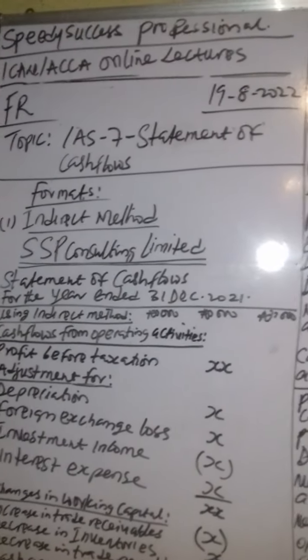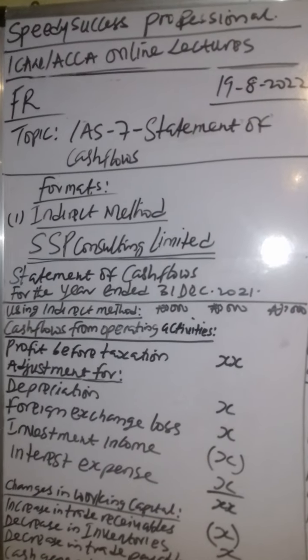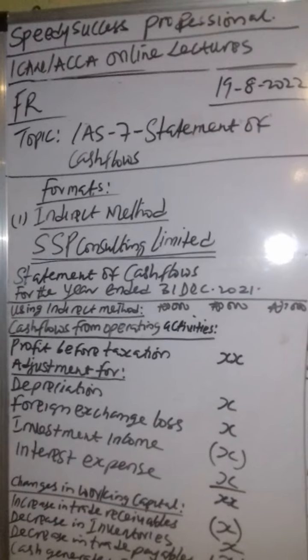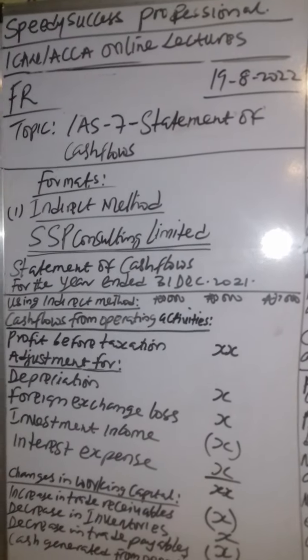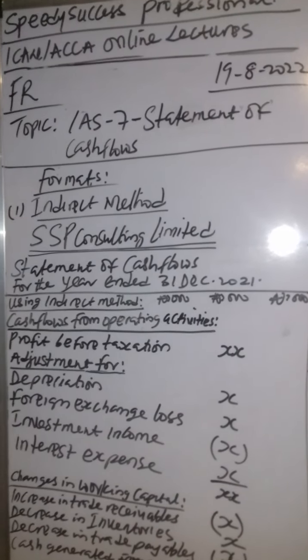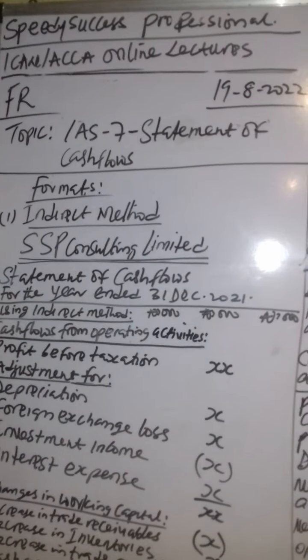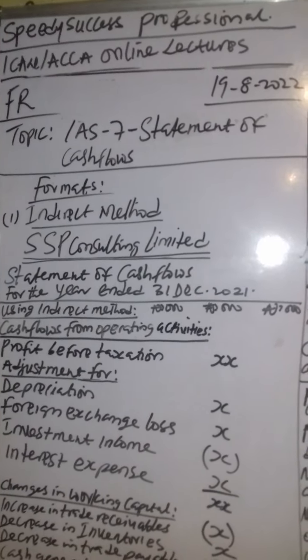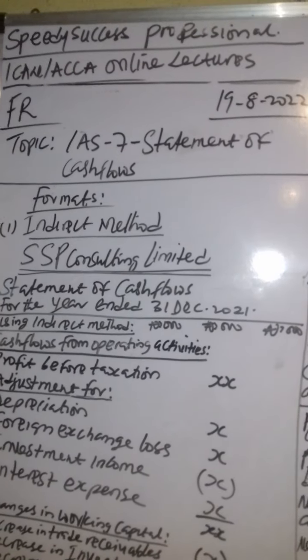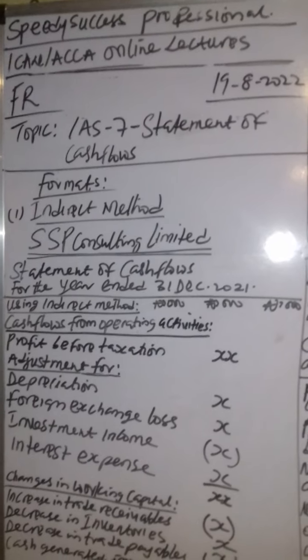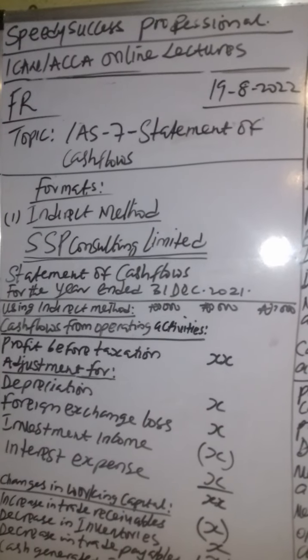For example, those of us who have listened to IAS 1, how to prepare financial statements, will have found that we have majorly three statements: statement of financial position, statement of profit and loss and other comprehensive income, and statement of changes in equity.